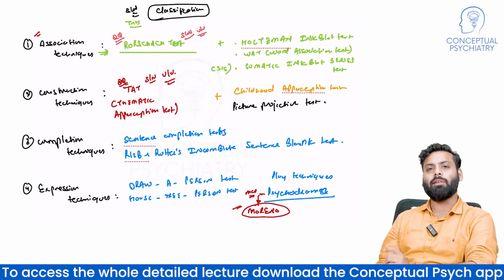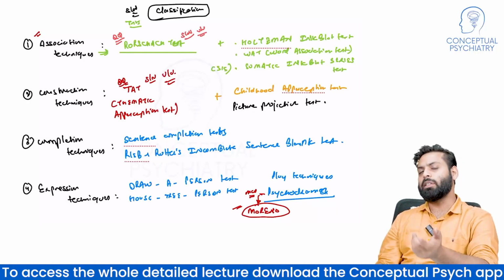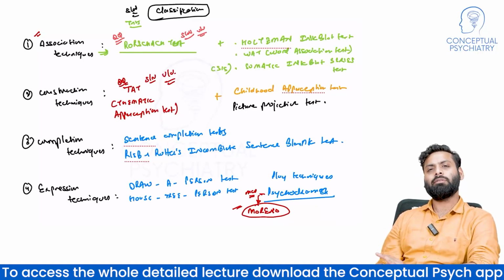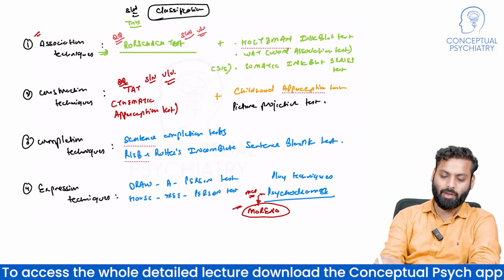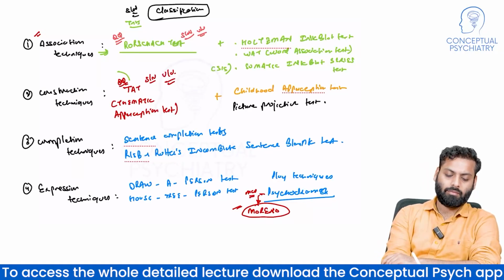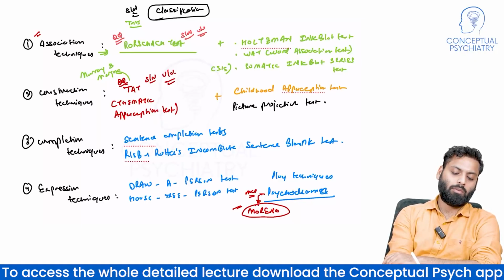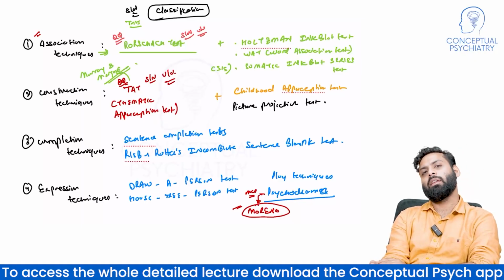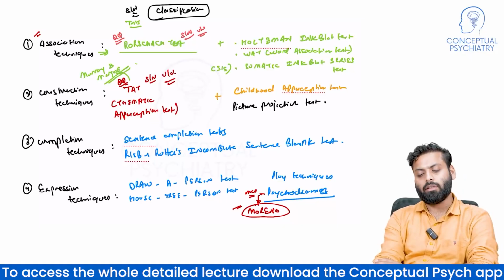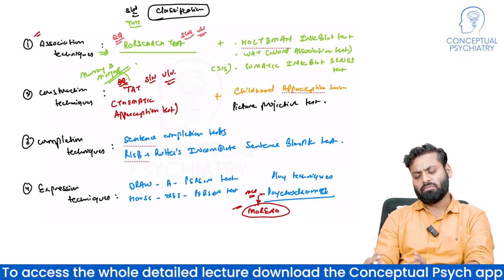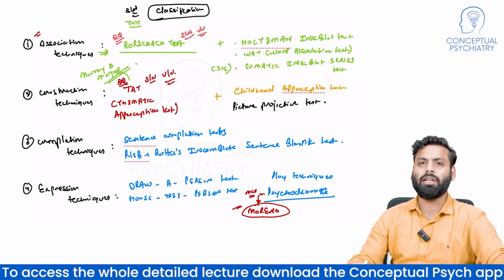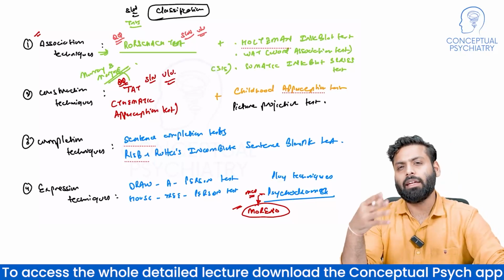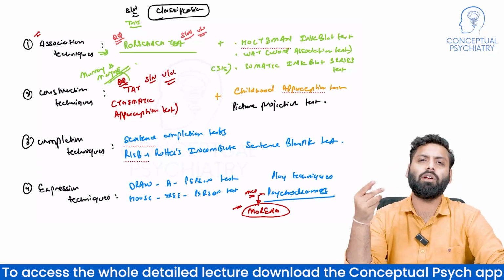You will remember. Rorschach test, everyone remembers. Thematic Apperception is by Murray and Morgan. Whenever saying it, say the complete name, you will remember.